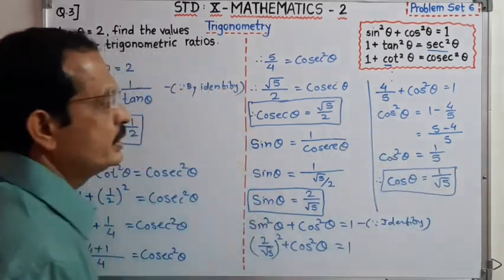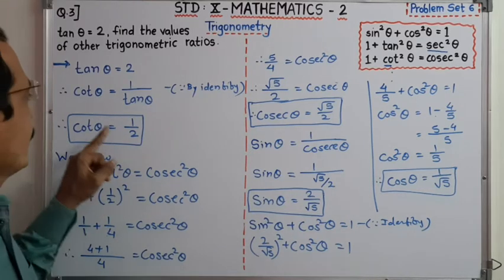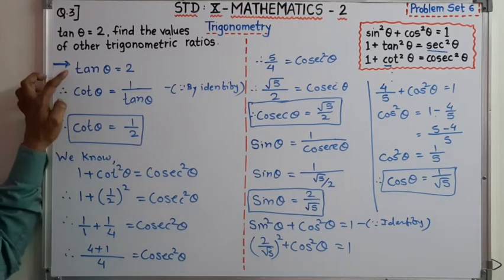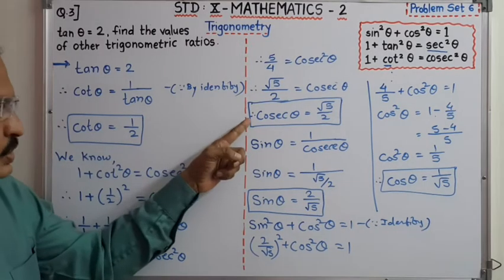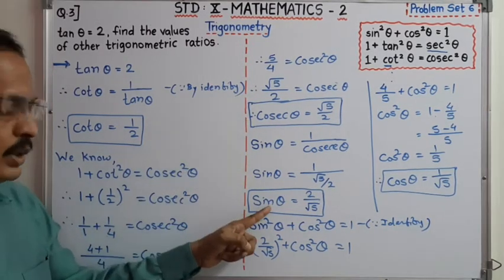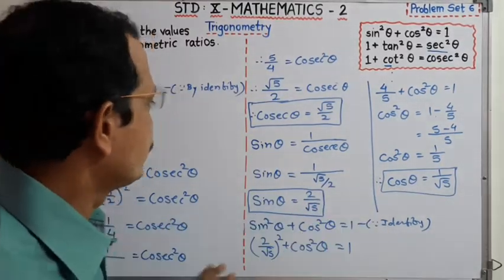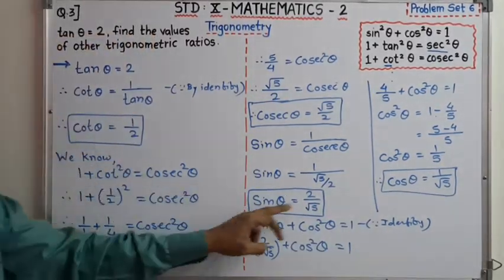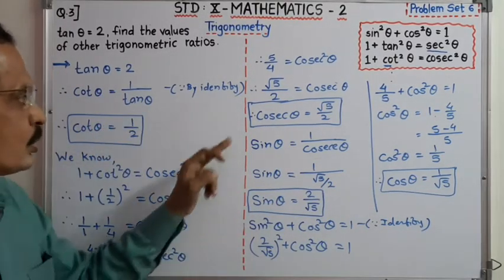In this way, dear student, tan theta was given. Here we found cot theta, then cosec theta, then sin theta, and this is cos theta. Sin, cos, tan, cot, then cosec.